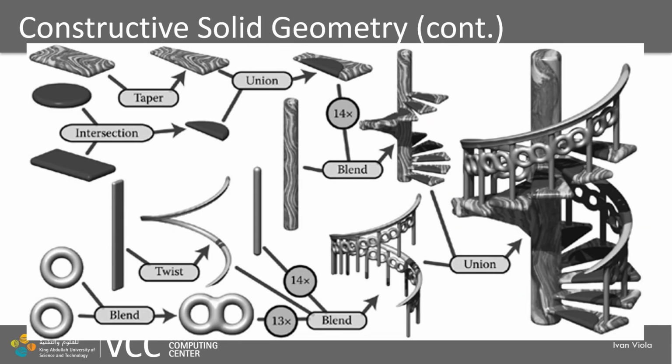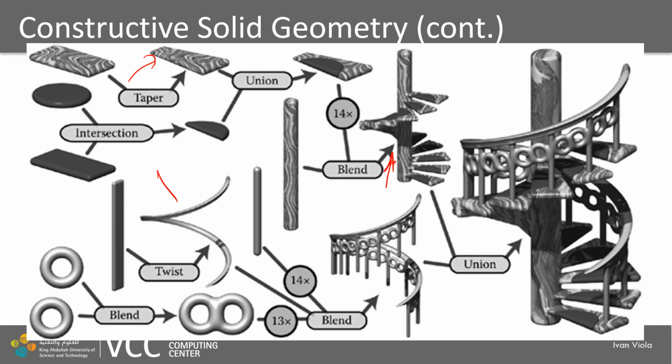And if we put all these together, we can create an interesting implicitly defined scene. Here there are several elements, and we are putting them together by first performing certain operators on them, like for example, here is the tapering, and here we perform a blending operation, meaning the summation.